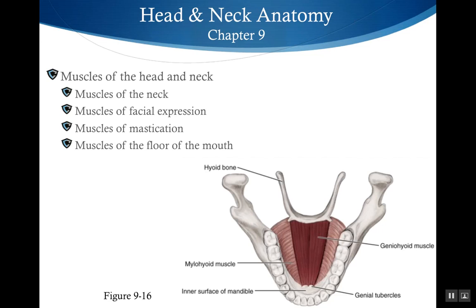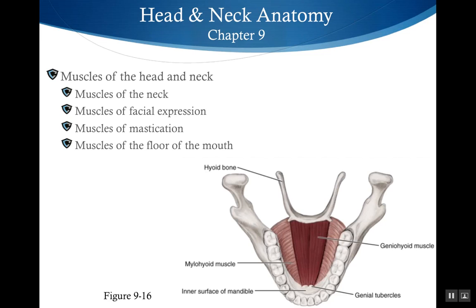All right, so the next group, the muscles of the floor of the mouth, or the region of the mouth under the tongue. Those are listed in Table 9.7 and include the digastric, the mylohyoid, the stylohyoid, and the geniohyoid. Now these are located between the mandible and the hyoid bone.